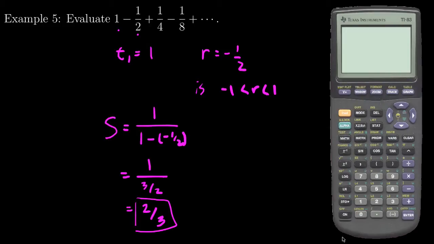And if you don't believe me, okay, let's just say you don't believe me here, I can actually go to the calculator, and I can do the sum of the sequence. And for this one, the sequence will be negative 1/2 to the, and I'll be lazy with this, x minus 1, comma x, comma 1, and let's go up to the 100th term.